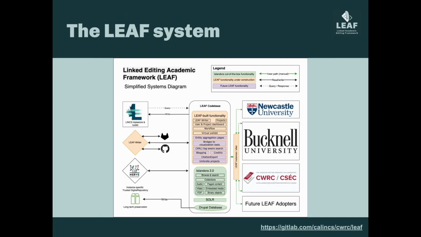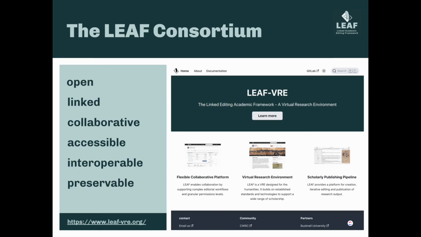LEAF's modular system will support continued extension and enhancement in areas like handwriting recognition and image annotation. LEAF makes digital scholarship accessible to researchers without large grants, extensive digital humanities expertise, or technical staff. It builds in interoperability, preservability, and data linking to promote open knowledge production and open access dissemination.